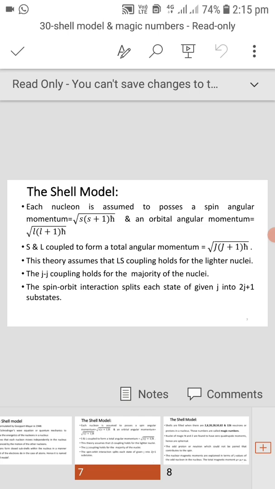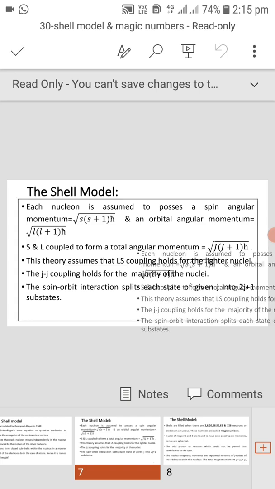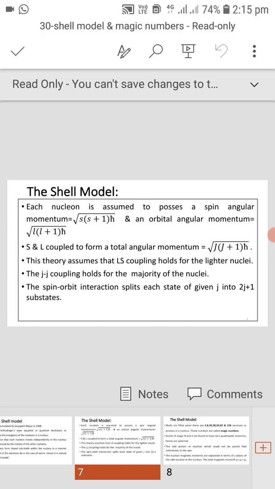This theory assumes that LS coupling holds for the lighter nuclei and jj coupling holds for the majority of the nuclei. The spin orbit interaction splits each state of given J into 2J plus 1 substates.